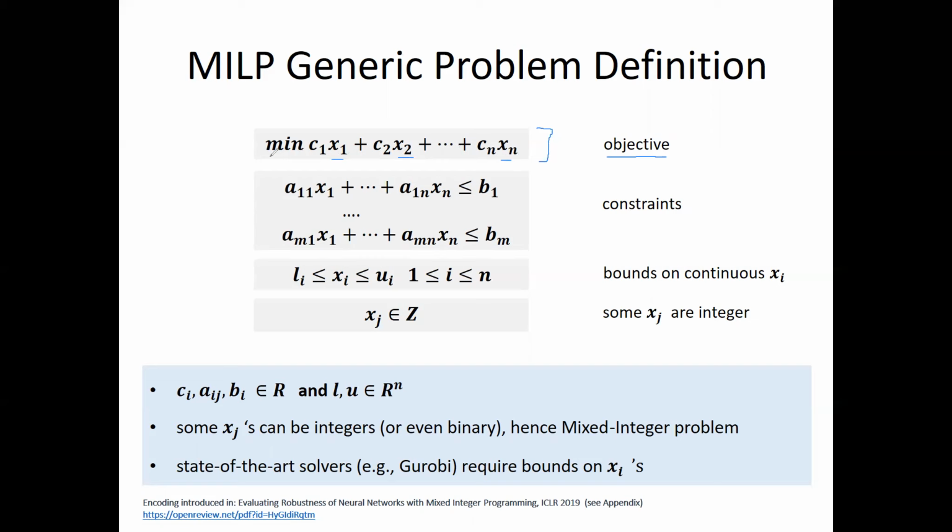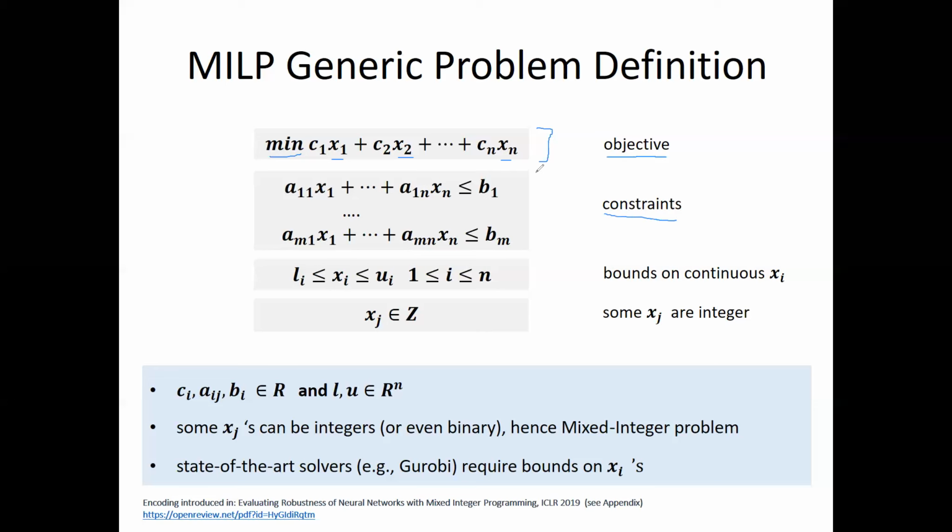Here we're going to be looking at minimization. So we have some linear objective, and what we want to do is find some values for x1 to xn where the objective is minimized, subject to some constraints.